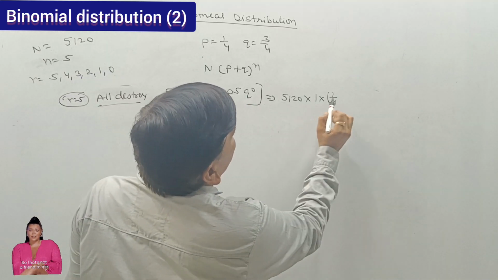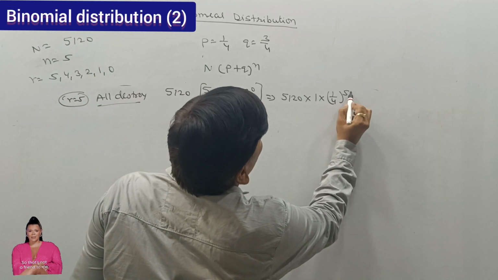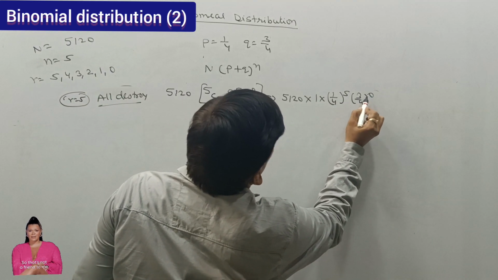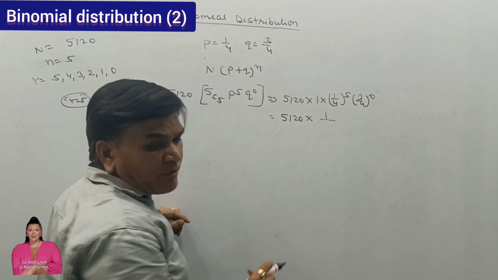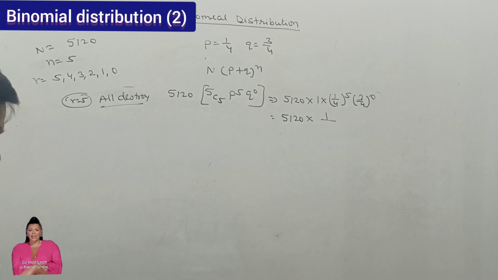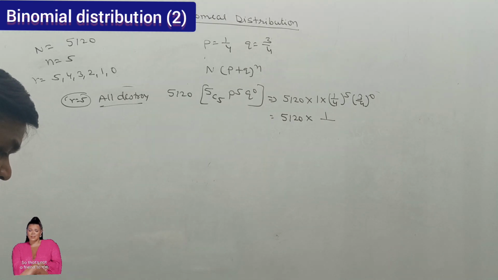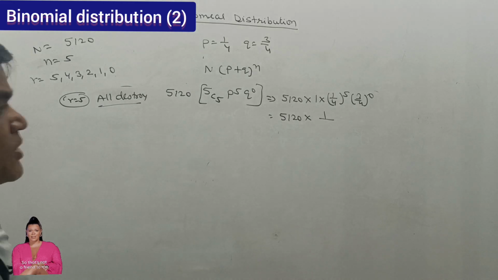So 1 by 4 raised to power 5, 3 by 4 raised to power 0. So 5120 multiplied by 1 by 4 raised to power 5, that is 1 by 1024.